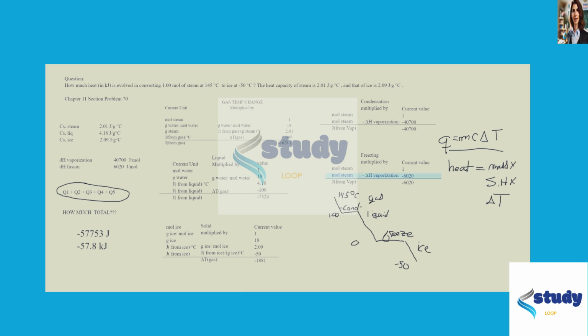This says vaporization, but this is really freezing. Okay, that is the right value. So that's going to give us the amount of heat from freezing.